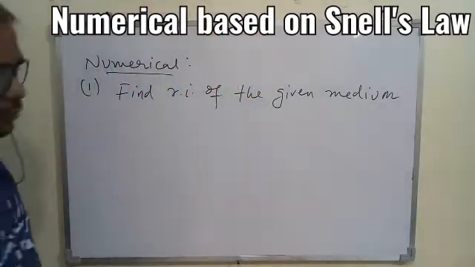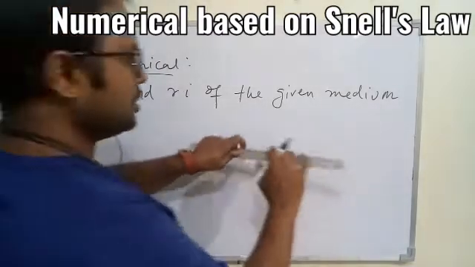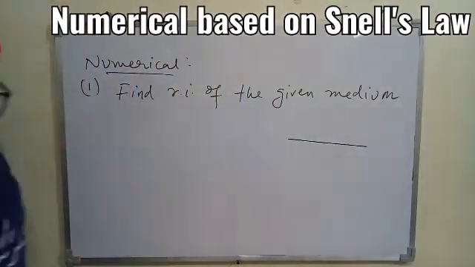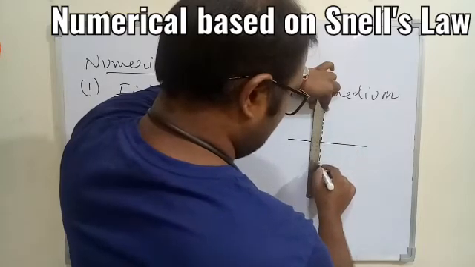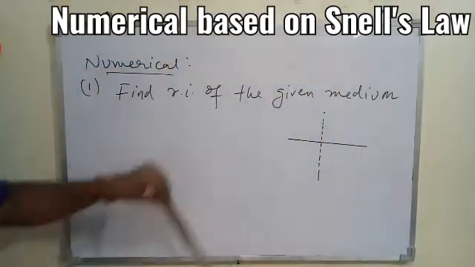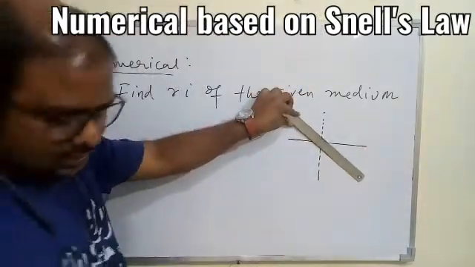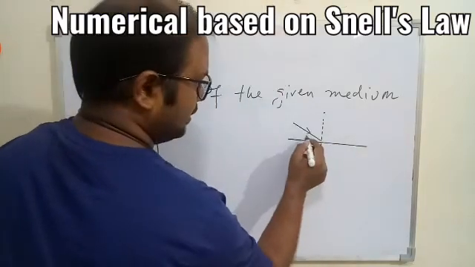One diagram is given to us, and based on the diagram we have to find something. This is your normal. The ray of light is falling such that it is making an angle of 30 degree here.